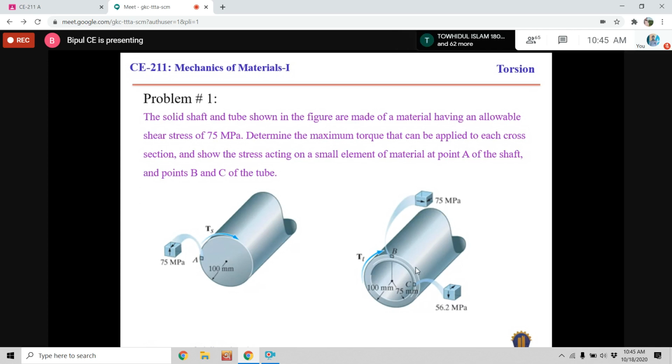But we will determine the maximum torque so that the structure will not fail. So we will try to figure out where the maximum stress is similar to 75 MPa.